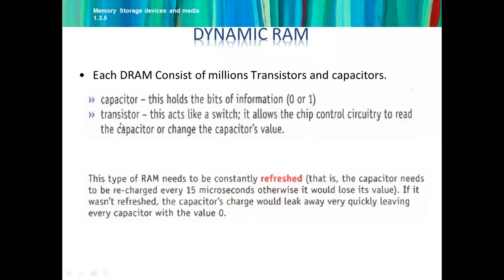So the transistor is not going to do it now if it won't refresh within the 15 microseconds. Who is going to do it? The capacitor. If it is not, then the charge will leak and every capacitor inside your memory will fill up with zero. So there are a few troubles when we are using too many applications open on our computers.